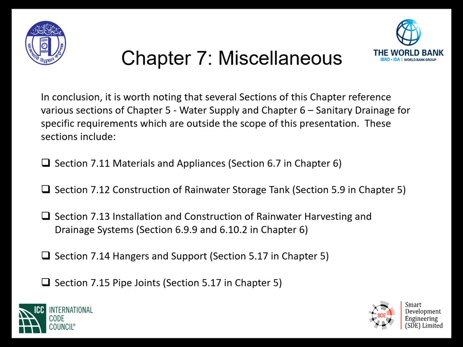Pipe joints in Section 7.15 again reference Chapter 5, Section 5.17. So as can be seen here, there are several references to different chapters and sections that the code user, the designer, the installer, the inspector, and the code official must reference for rainwater management systems that include harvesting and storage of rainwater systems.